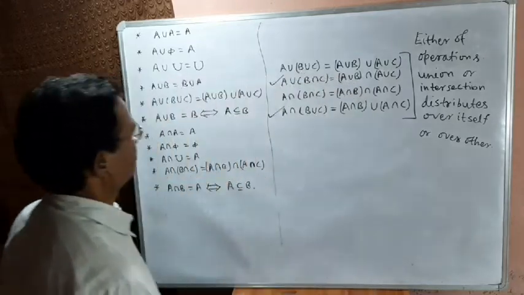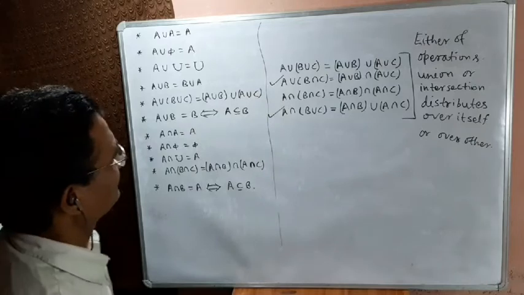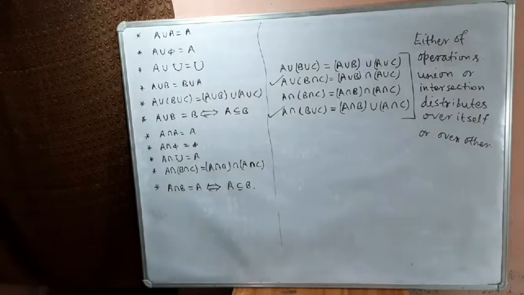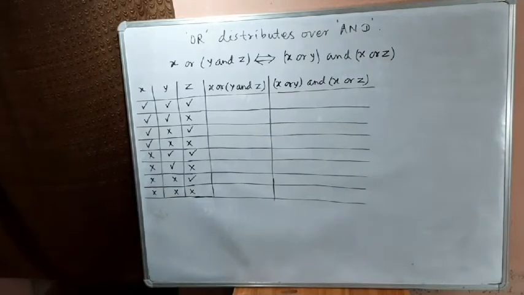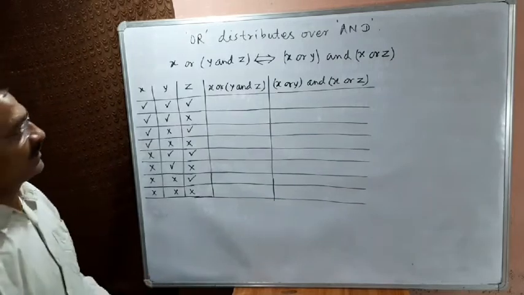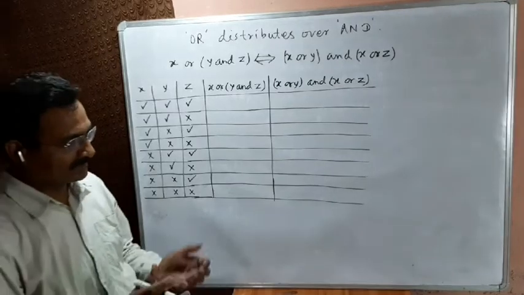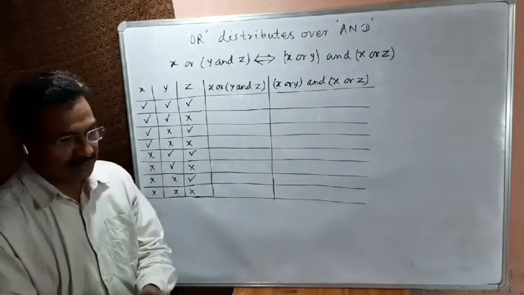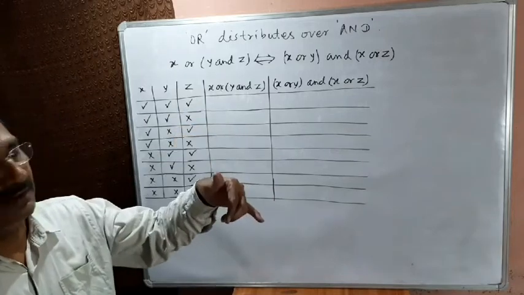Or I discuss today this and this. You know union is equivalent to OR. If union is put between two sets, this implies elements of either this or that. And intersection stands for AND.